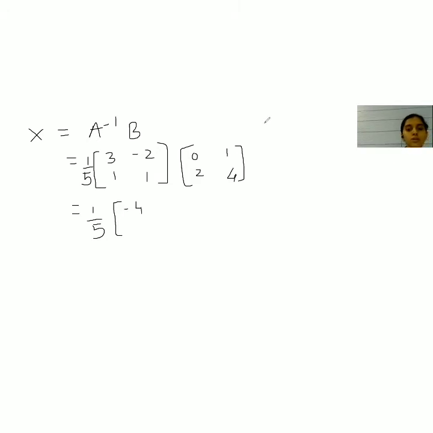Next, 3 into 1 is 3 plus -8, so -5. Next, 1 into 0 is 0 plus 2 is 2. 1 into 1 is 1 plus 4 is 5. If we take the 5 inside, then we get [-4/5, -1; 2/5, 1]. Okay, this is the value of X.